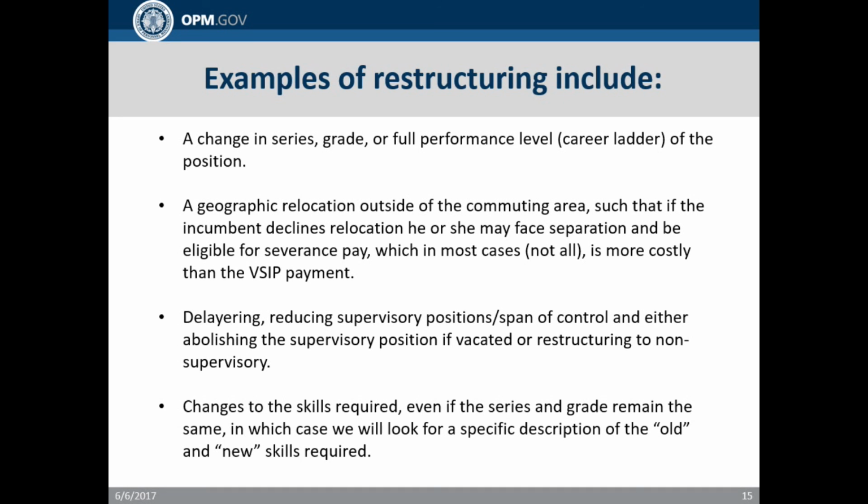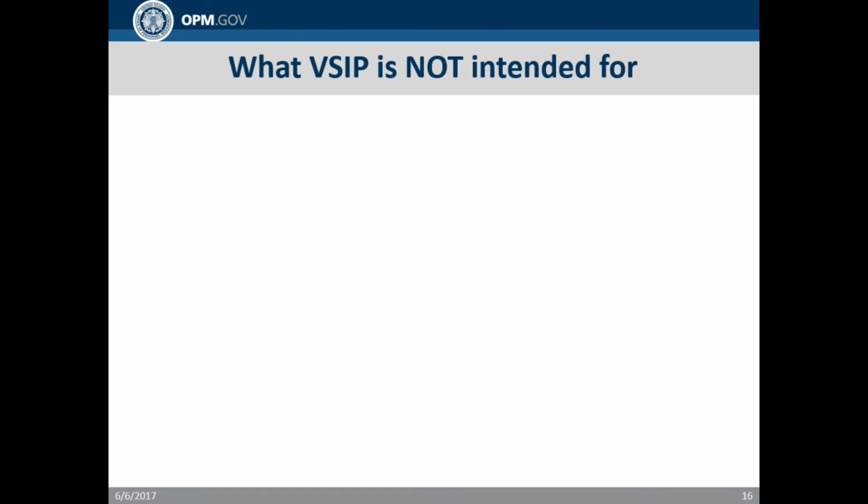That's referred to as addressing skills imbalances. And by that we mean it's not that the employee, him or herself, has a skills imbalance, but the position, the occupation itself, has changed over the years so that the agency needs to reduce in a line of skills that's not needed any longer in order to be able to recruit for skills that are needed.